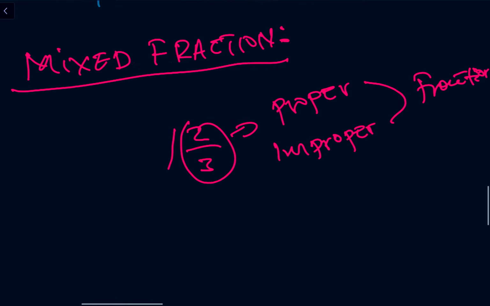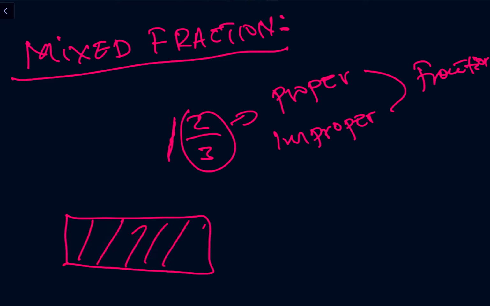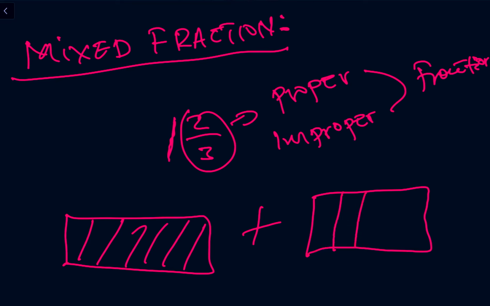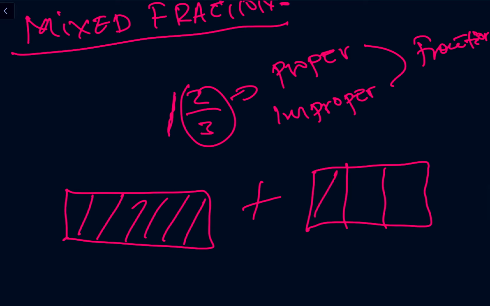So a mixed fraction takes a whole number. Let's say you have a whole unit of cake that is not divided, plus 3 other cakes, but you only utilize 2, which is a proper fraction.